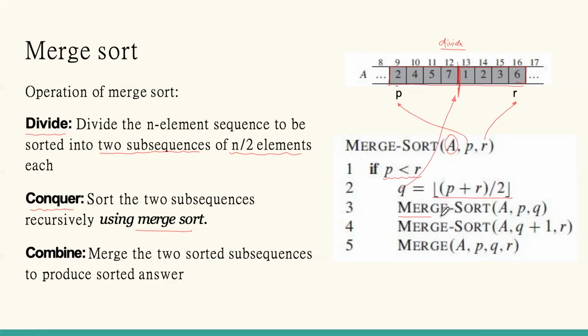And then we merge sort the first piece from P to Q. And then we merge sort the second piece, Q to R. And then once we have sorted the first part and the second part, we call the merge algorithm to actually merge 2 sorted pieces. And that's the combine part. So this is how the merge sort algorithm works, and it follows the divide and conquer approach.